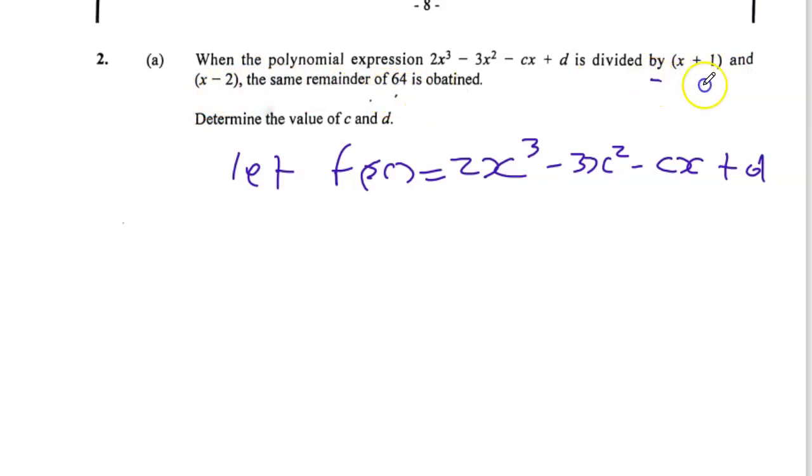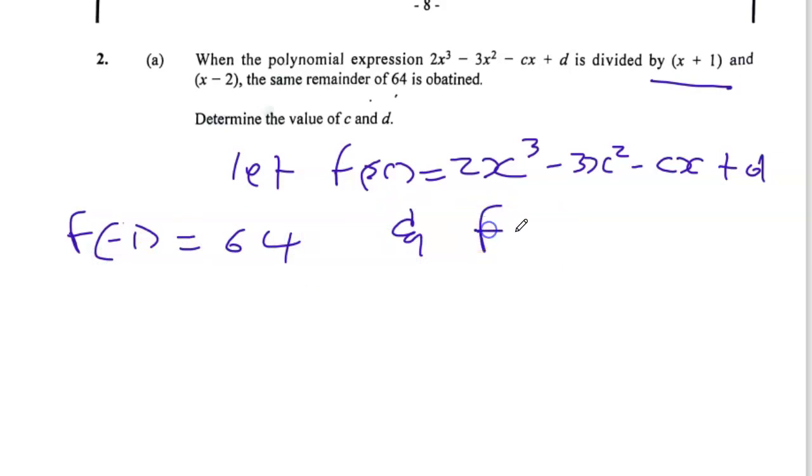So when divided by x plus 1, the remainder is 64, and when divided by x minus 2, the remainder is also 64. Which means that f of negative 1 should give us a value of 64, and f of positive 2 should also give us 64.